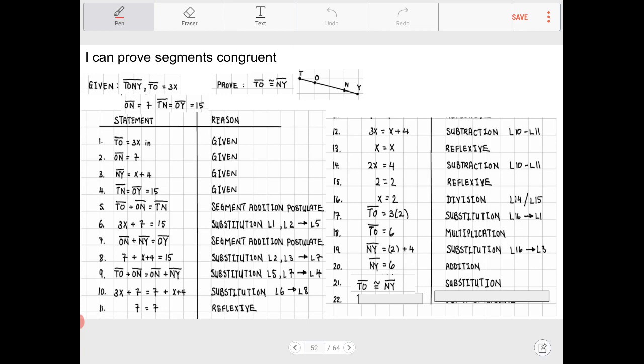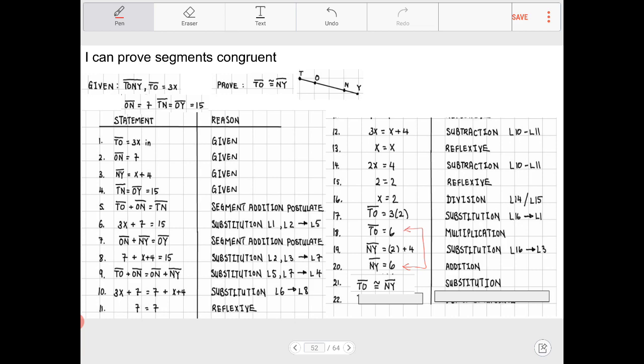So technically, what I should have written was TO is equal to NY, because both of these statements right here are saying that TO is equal to a certain segment, NY is equal to a certain segment. So what should have happened in line 21 is TO equaling NY, and then line 22, I would say TO is congruent to NY because of the definition of congruence.